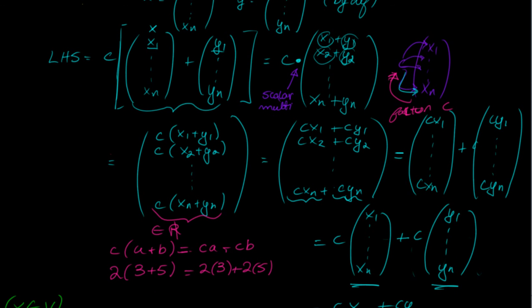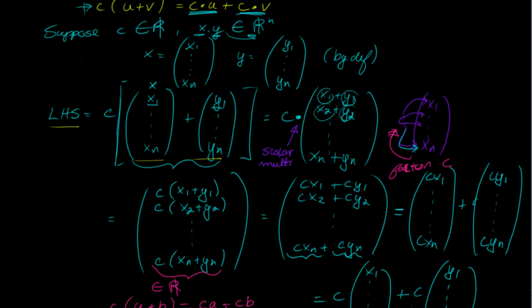So you have to realize that when I get to my left-hand side, I just use the definition here. I know that x is x1 through xn, and that y is y1 through yn. And then here I use my definition of vector addition.